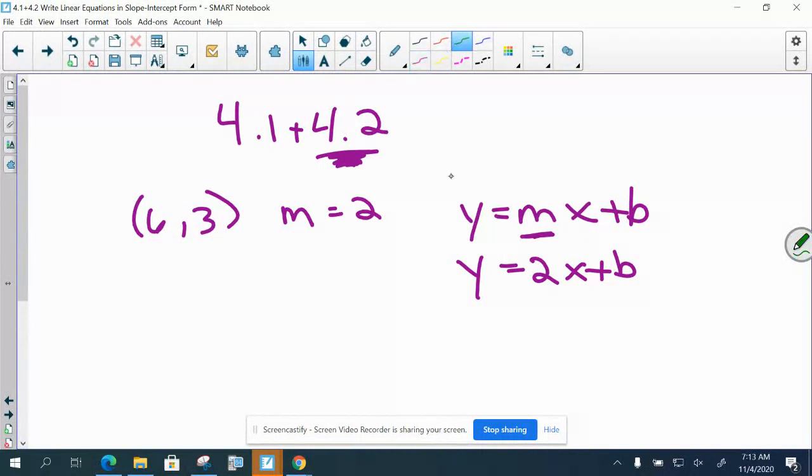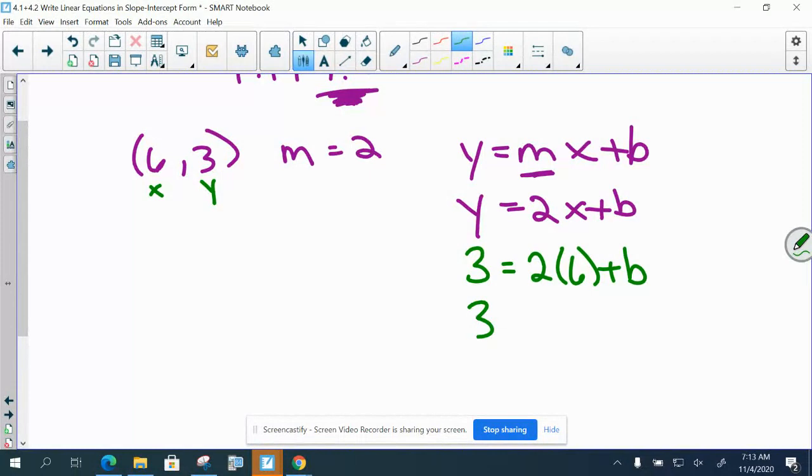Since you know the point, you know the x and the y. So what you can do is plug the 6 and the 3 in for x and y into the equation we have so far, and then we can solve for b. So let's do that. y is 3, and then you've got the 2, and then x is 6, and then plus b.